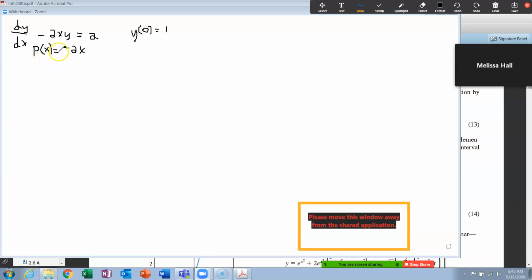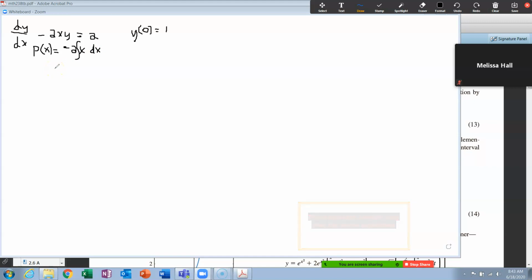We integrate it. So I'm going to just integrate the variable part, get the minus 2 on the outside: minus 2 times the integral of x dx. And I think we probably should have left the minus in there. What does that integrate to become? And again, we never put a plus c with this one.